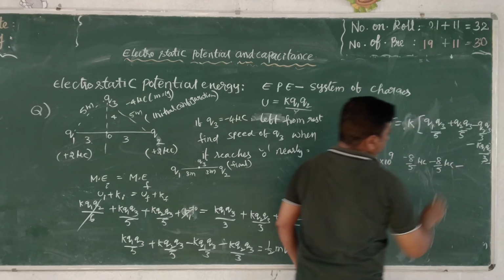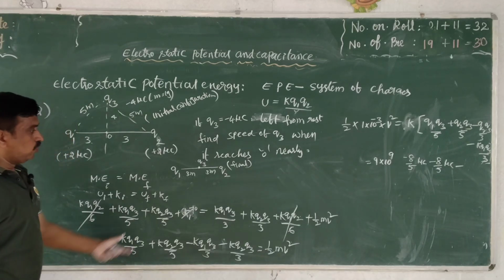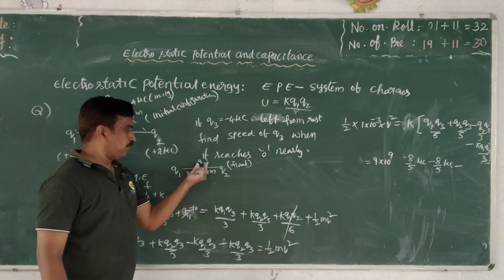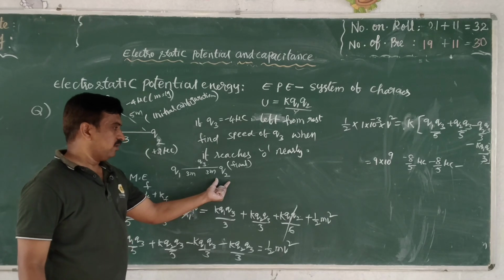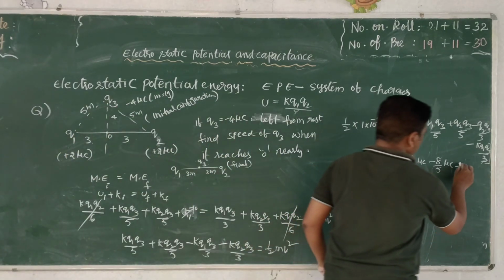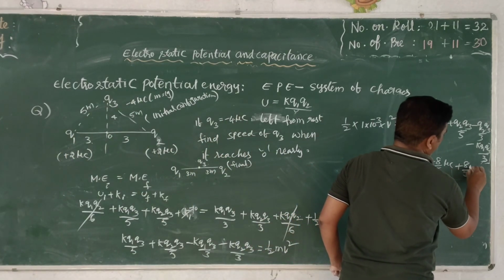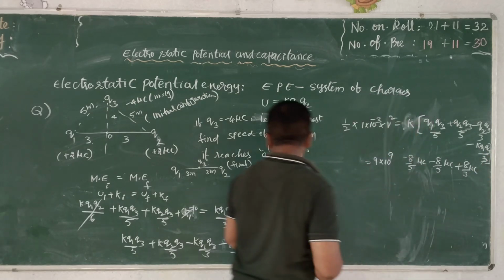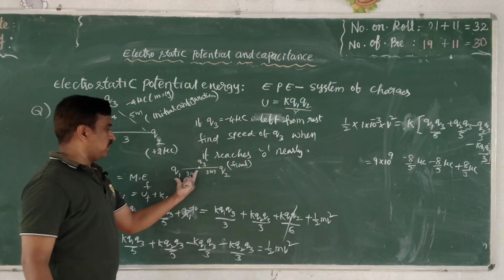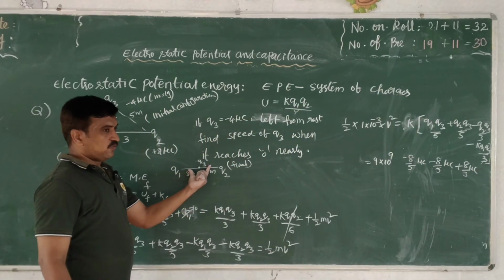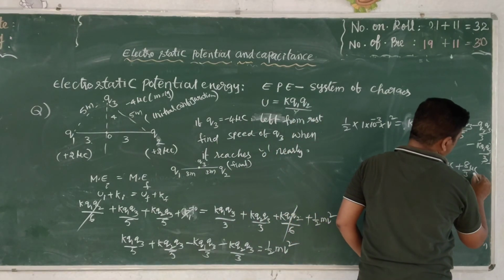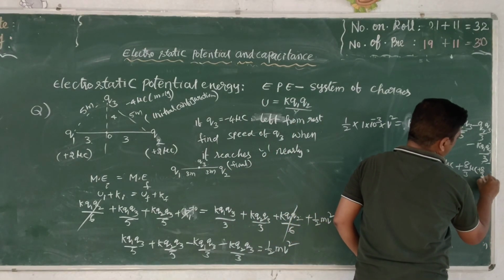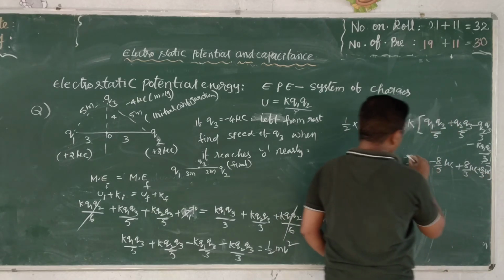Here minus q2 q3, with minus 8, already minus is there, plus 8 by 3 microcoulomb. Here q1 q3, plus 2 minus 4 means minus 8, already minus is there, means plus 8 by 3 microcoulomb.